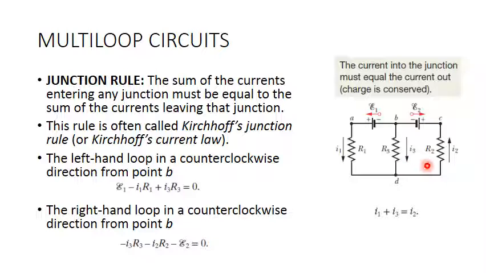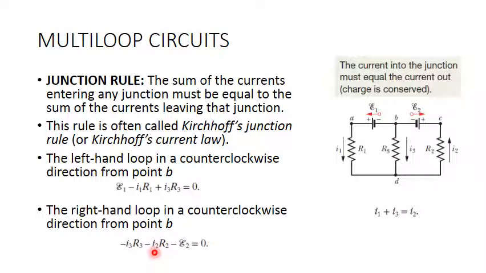So minus I3 multiplied by R3 minus I2 multiplied by R2. So everything is minus here. So minus I3 multiplied by R3 minus I2 multiplied by R2 minus E2 equals 0.